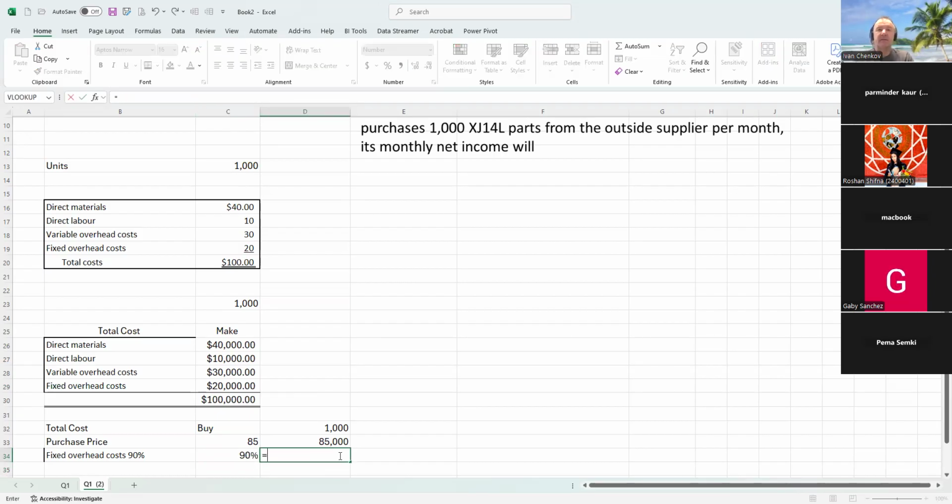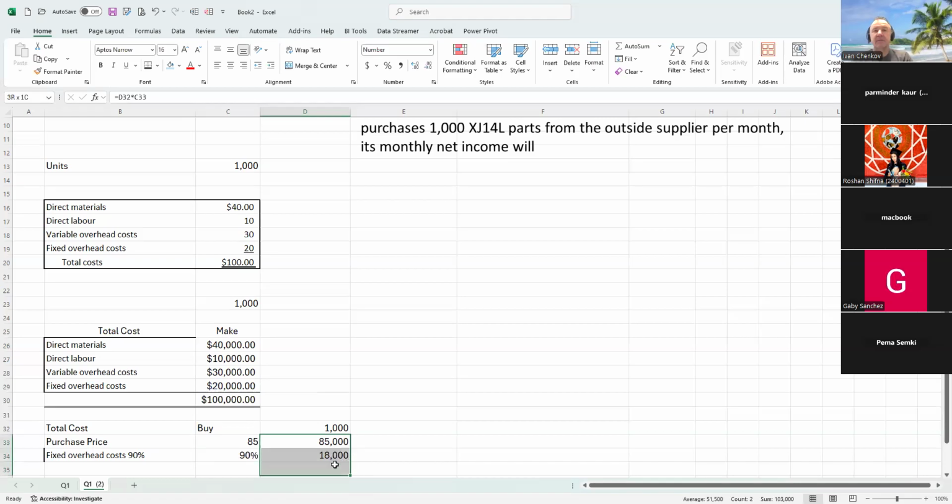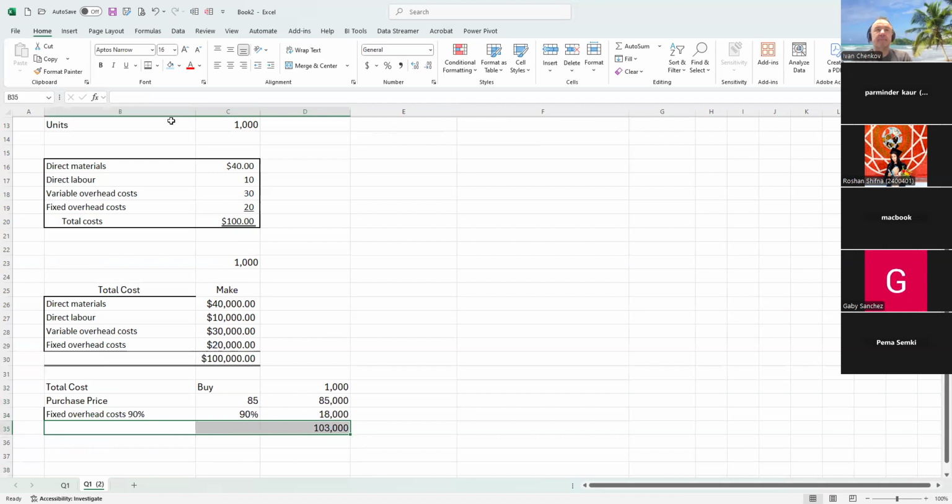So in the case of the fixed cost, I'm going to pay 90%, which is $18,000. So my total cost will be $103,000. Make sense? Yes.